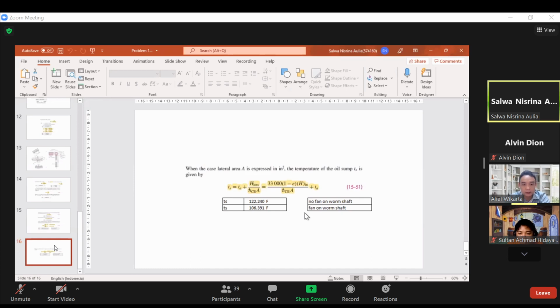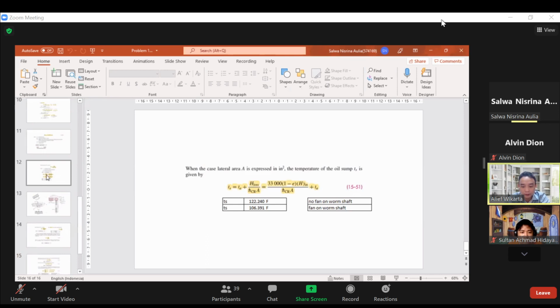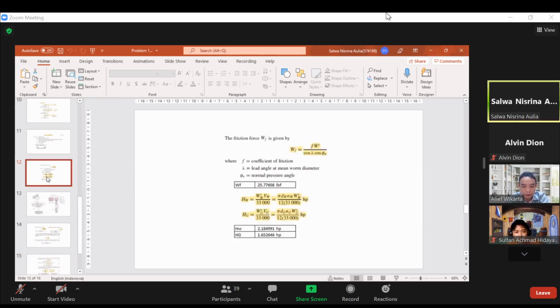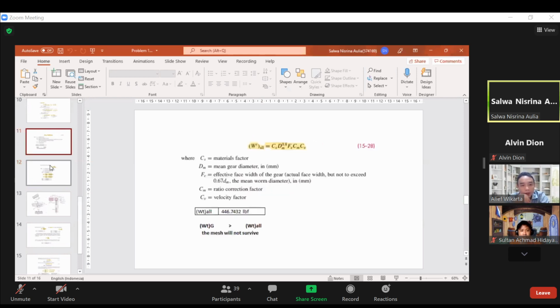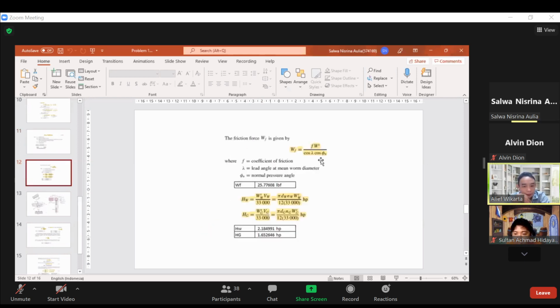Okay, I think that's enough, Mbak Salwa. It's good. Is there any question from another student? Can I ask about this, sir? I am still confused about this. Why in the equation of 53 do we need to calculate this?